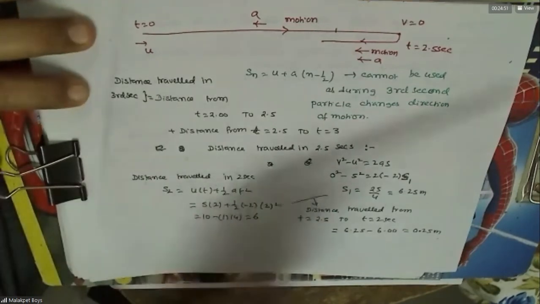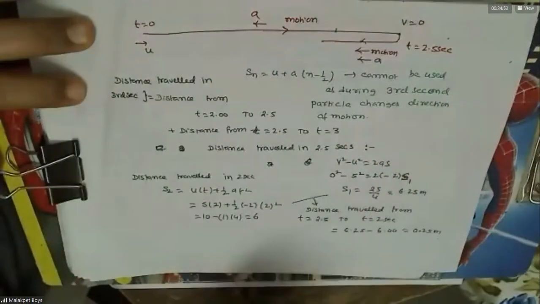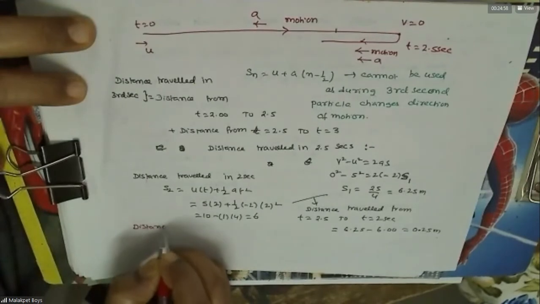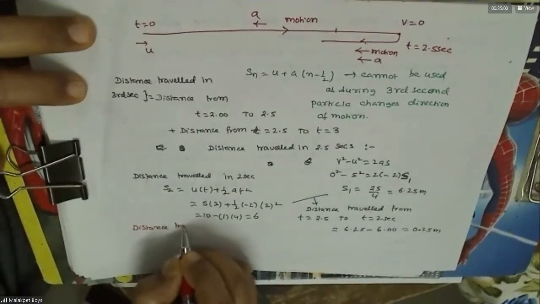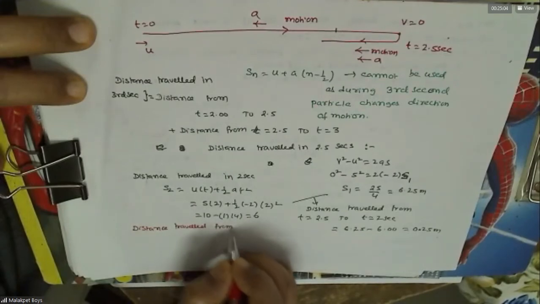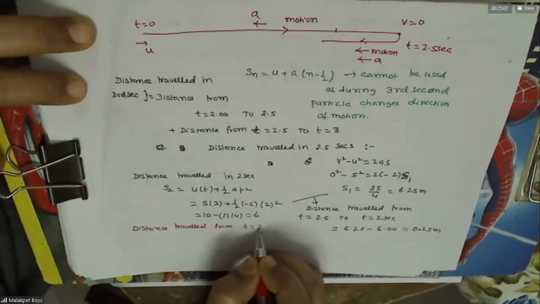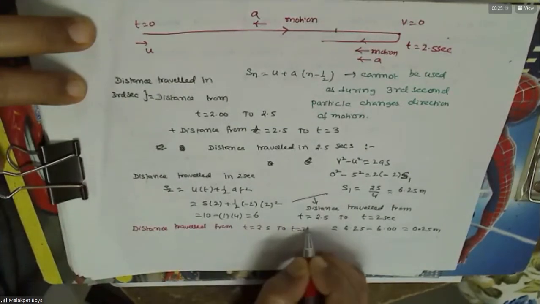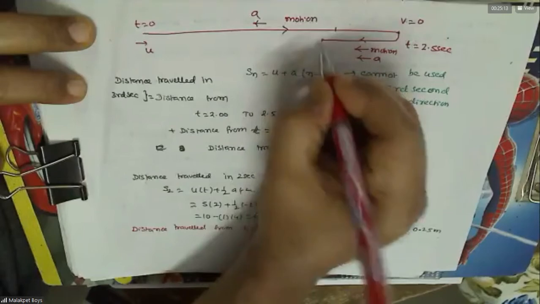Then we can find now the distance traveled from, say, this is t equals 3 seconds, for example.